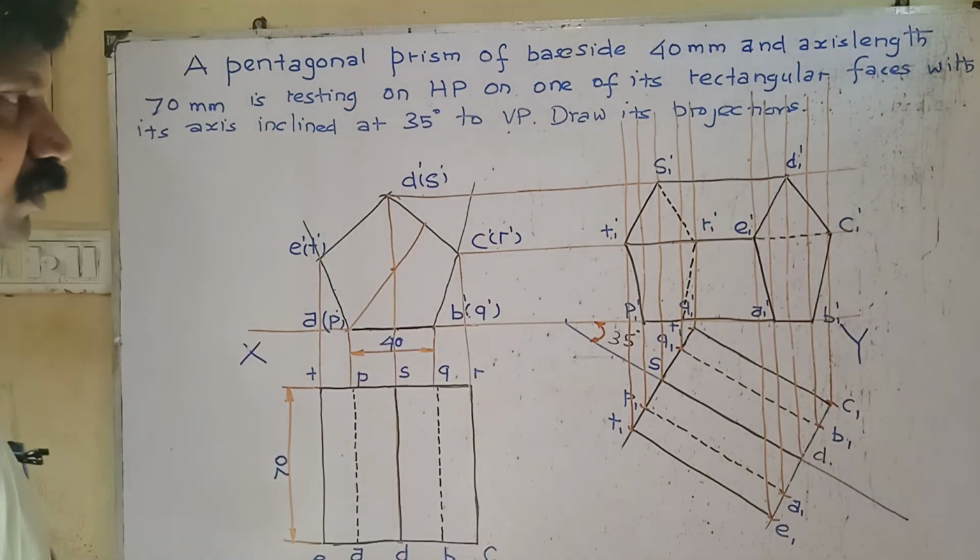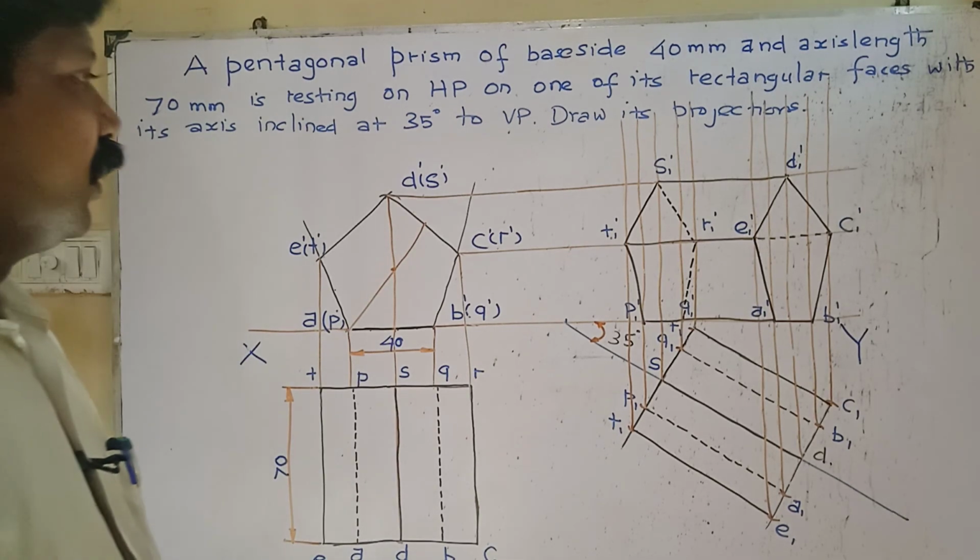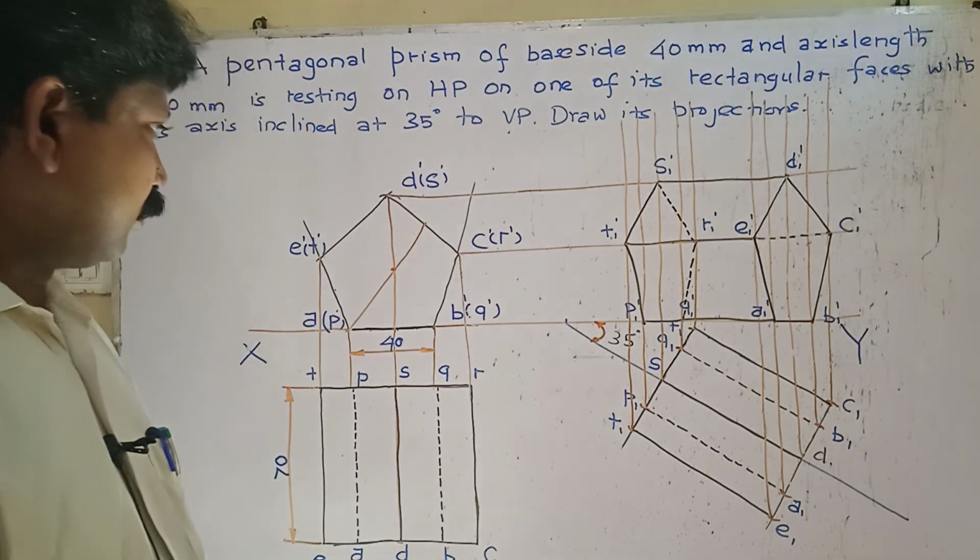Axis inclined 35 degrees to VP. Okay, problem over.